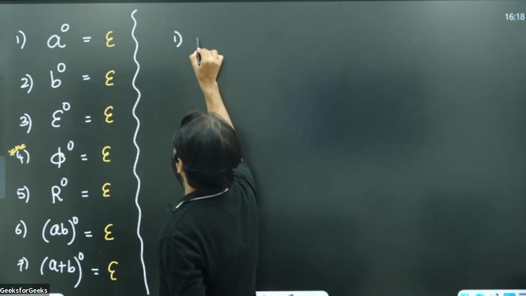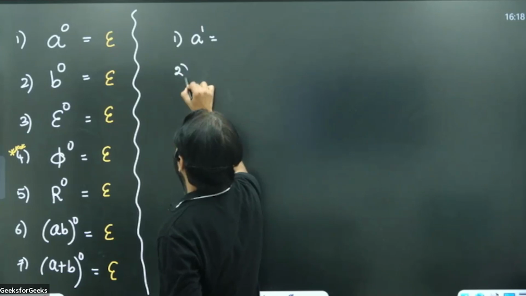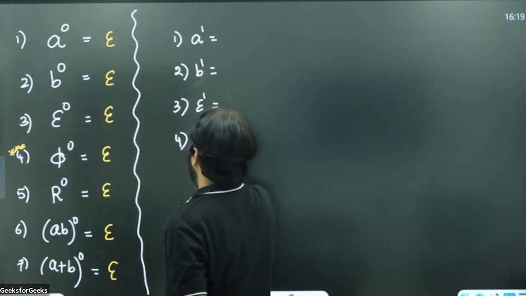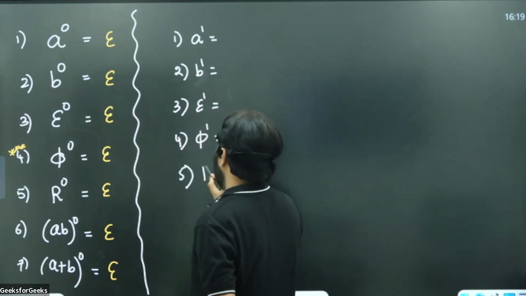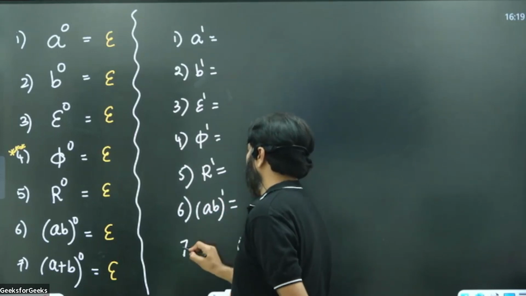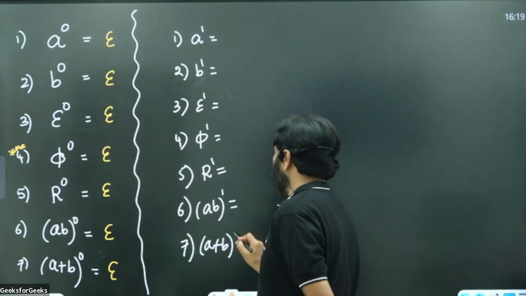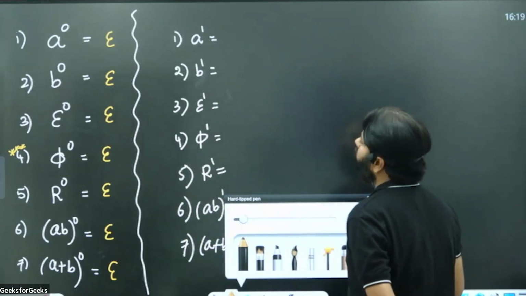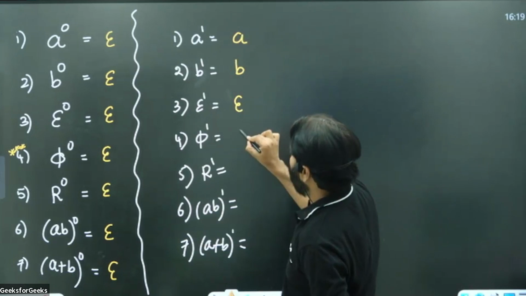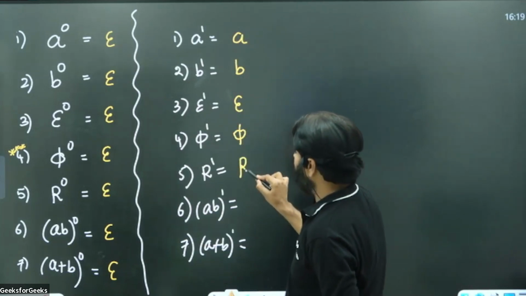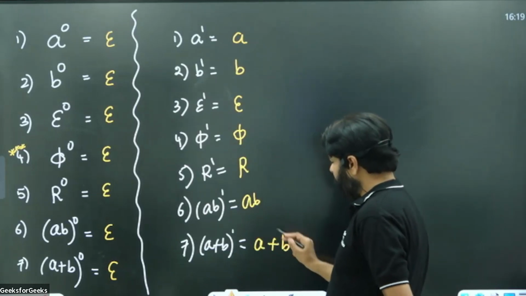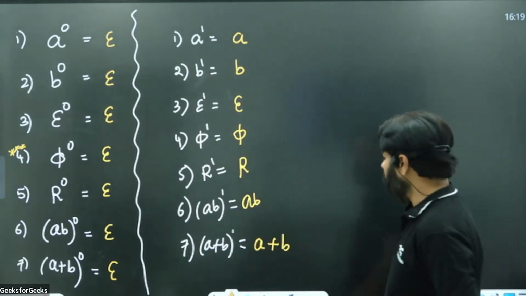But when we ask A power 1, B power 1, epsilon power 1, pi power 1, R power 1, AB power 1, and A plus B power 1, what do you answer? Now you should be careful. A power 1 means A, B power 1 means B, epsilon power 1 is epsilon, pi power 1 is pi, R power 1 is R, AB power 1 is AB, A plus B power 1 is A plus B. We'll get one time. Also easier.